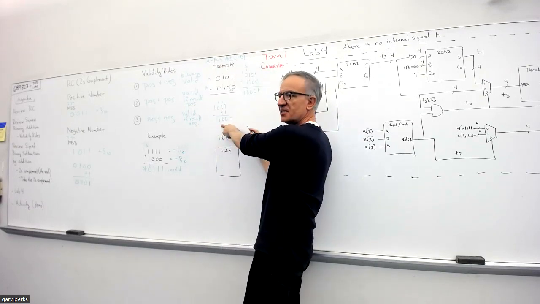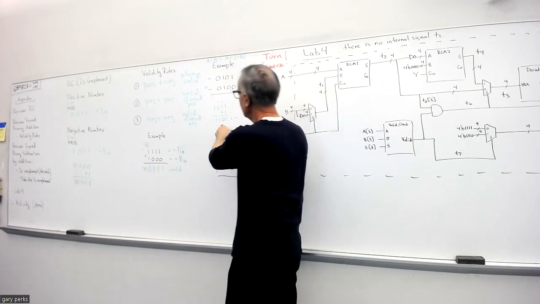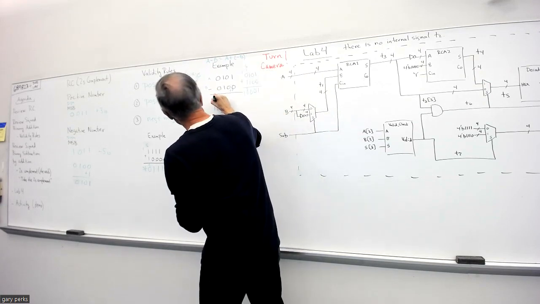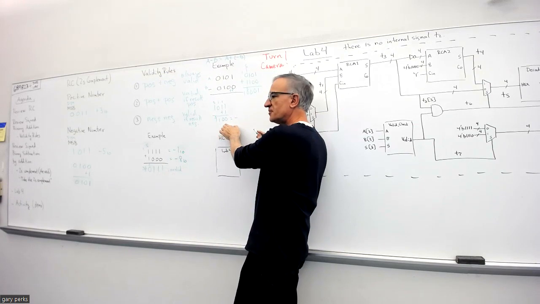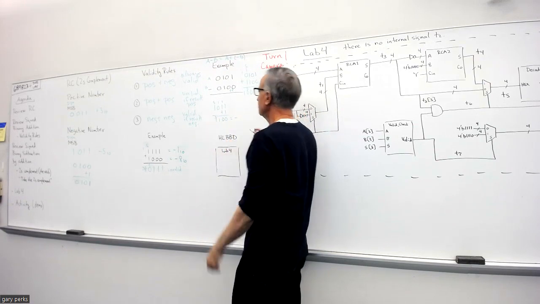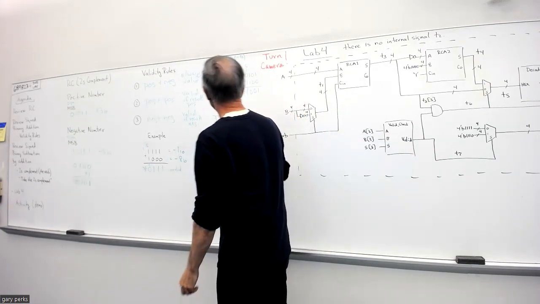And what's this in base 10? Negative, because you see, this is the sign bit again. And then what do I have to do here to get the value of a negative? Flip it and add 1. So I flip it, 0, 0, 1, 1, add 1, you get -4.